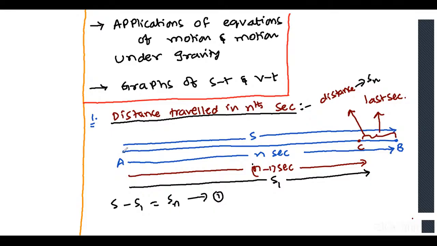Since it starts with an initial velocity u, by using the equation of motion, S equal to ut plus half at square. Here it takes a time of n seconds, so S equal to un plus half an square.